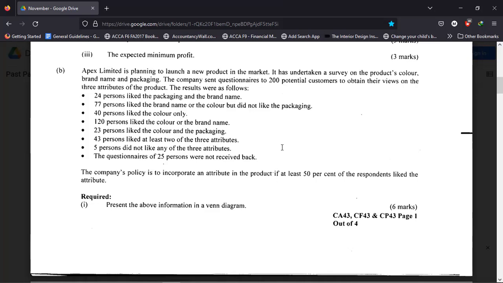The company's policy is to incorporate an attribute in the product if at least 50% of the respondents like the attribute required.